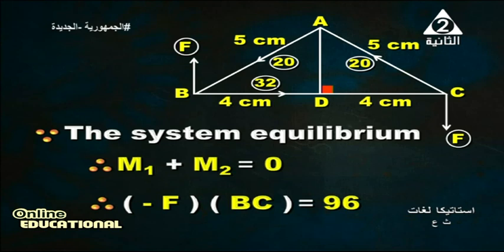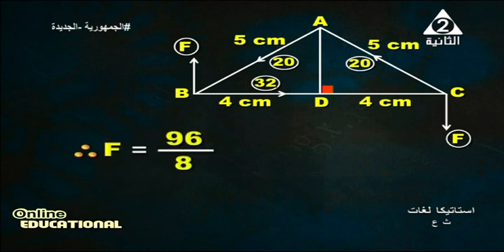Negative F times BC equals 96. Why negative? Because the direction of the force was clockwise. The couple has two signs: positive for anti-clockwise, negative for clockwise. Therefore, the value of F is 96 over 8, which equals 12 gram weight.